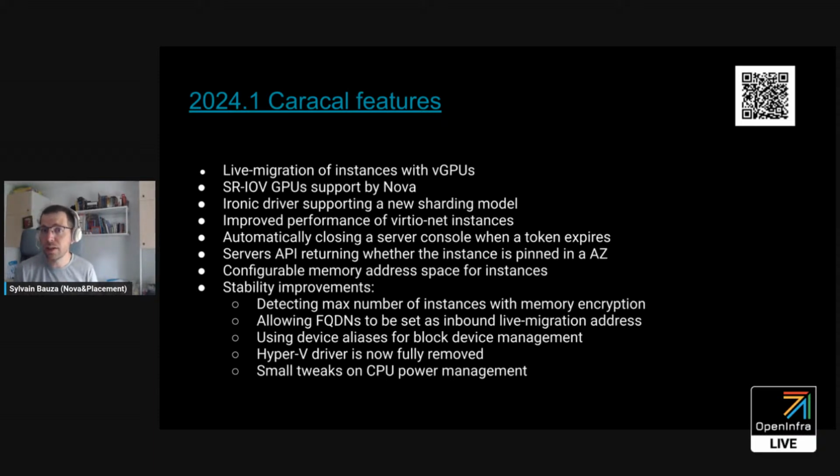Nova was able to use flavors asking for virtual GPUs since Queens, but when you wanted to live migrate the instances, you had some problems. Now, Nova supports it. It asks QEMU to move the virtual GPU, and it will work.